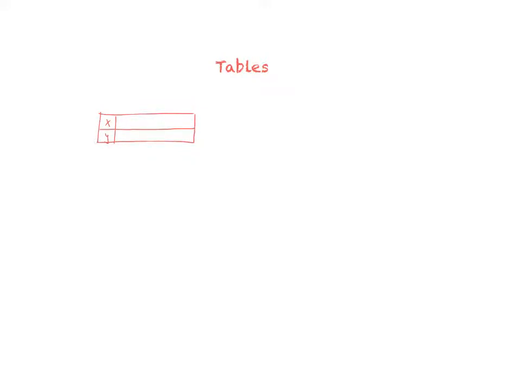We're going to put 1, 2, 3, 4, and we're actually going to get 8, 20, 31, 42. And then we're going to look at a different table. This is going to be vertical. Again, the first one is going to be your x.